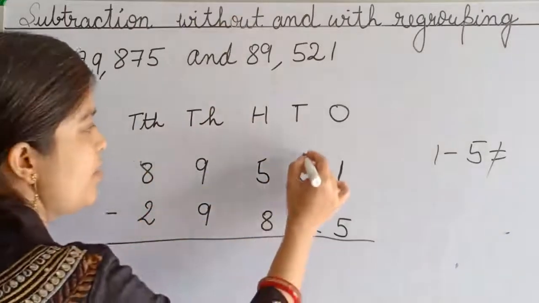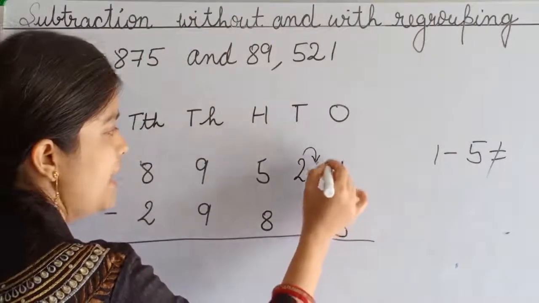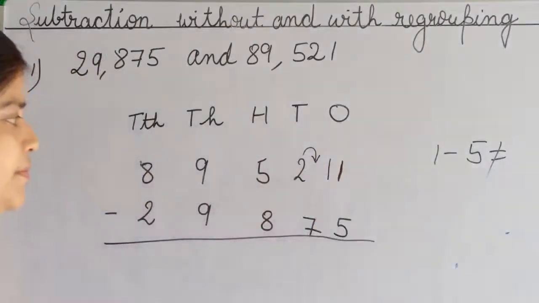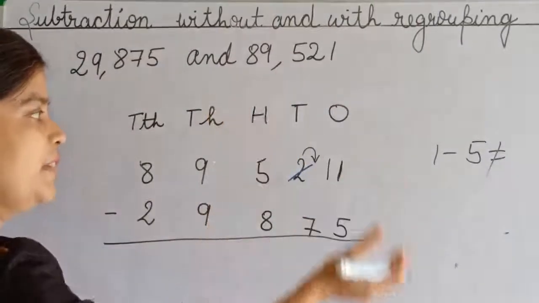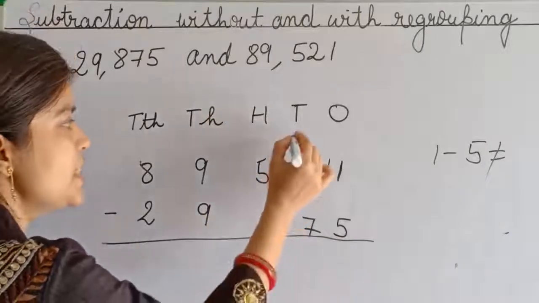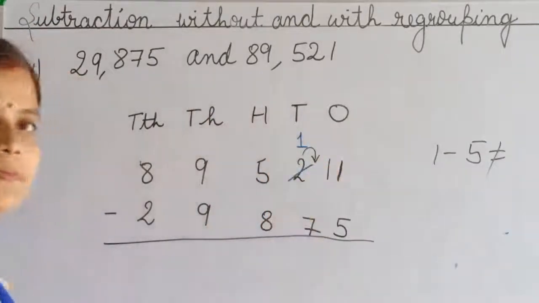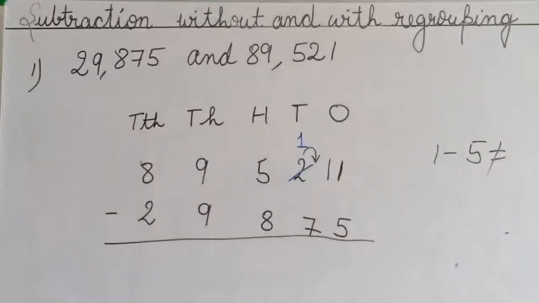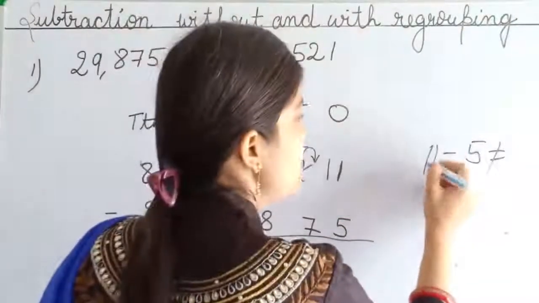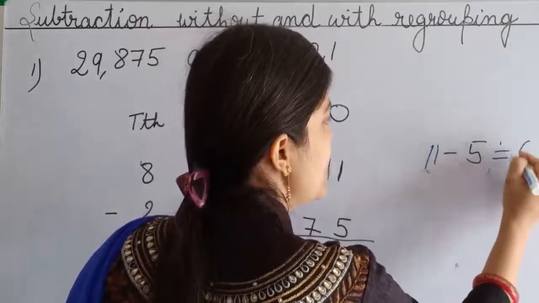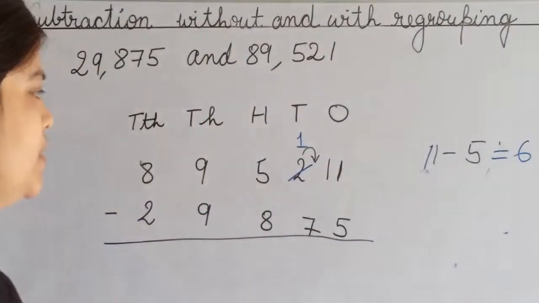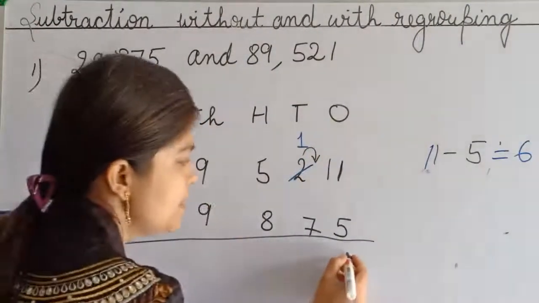So this will borrow from here and it will become 11 ones, because we have taken 1 ten from here. After giving 1 ten, this 2 tens will become 1 ten. Now we can subtract: 11 minus 5 is 6.